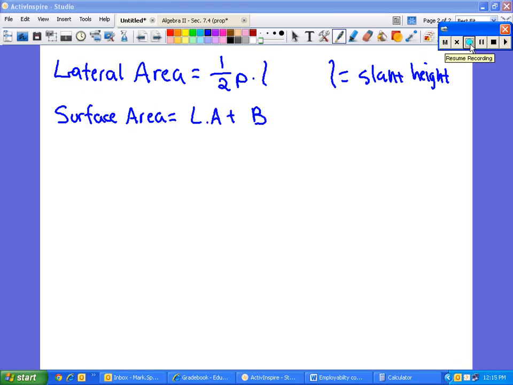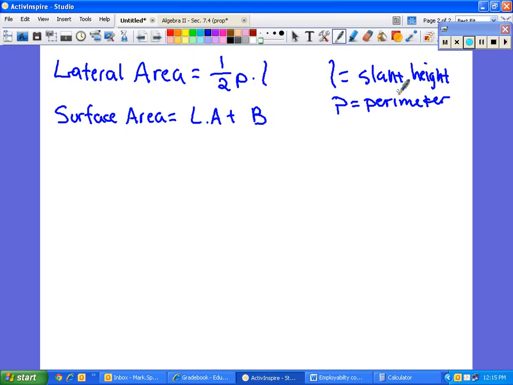Okay, so we have two more formulas, I should say. That is the lateral area of a pyramid and the surface area of a pyramid. The lateral area of a pyramid is half the product of the perimeter of the base times the length of the slant height.